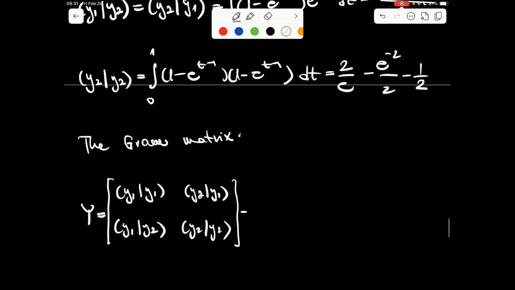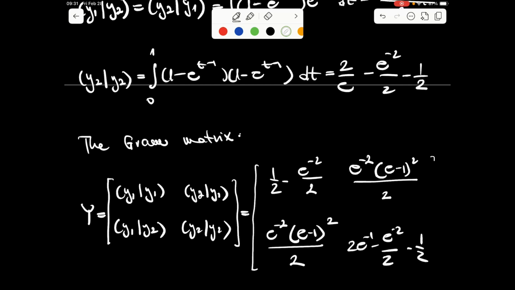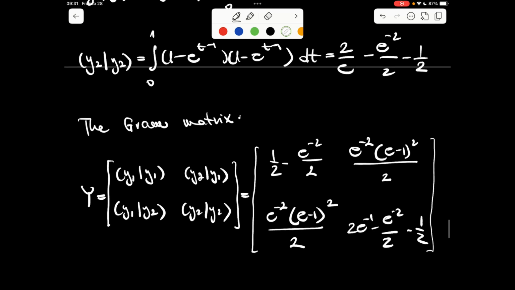This is the Gram matrix, and now we know all the elements in this matrix. Over 2, the same, over 2, and this is the element from the right lower corner of the Gram matrix.